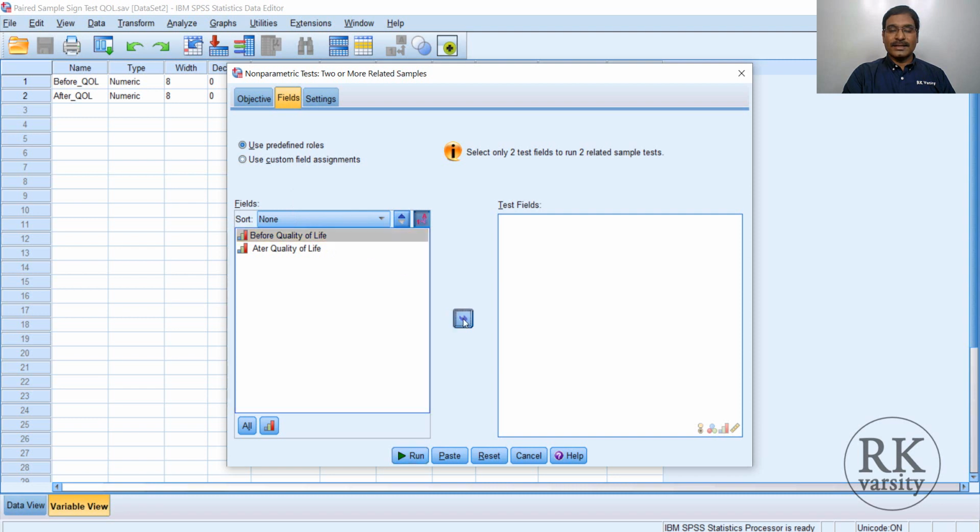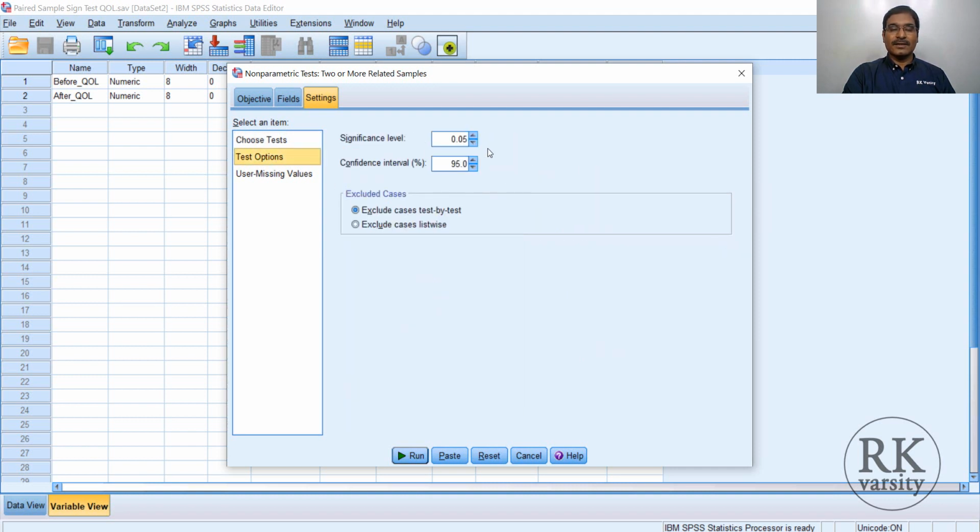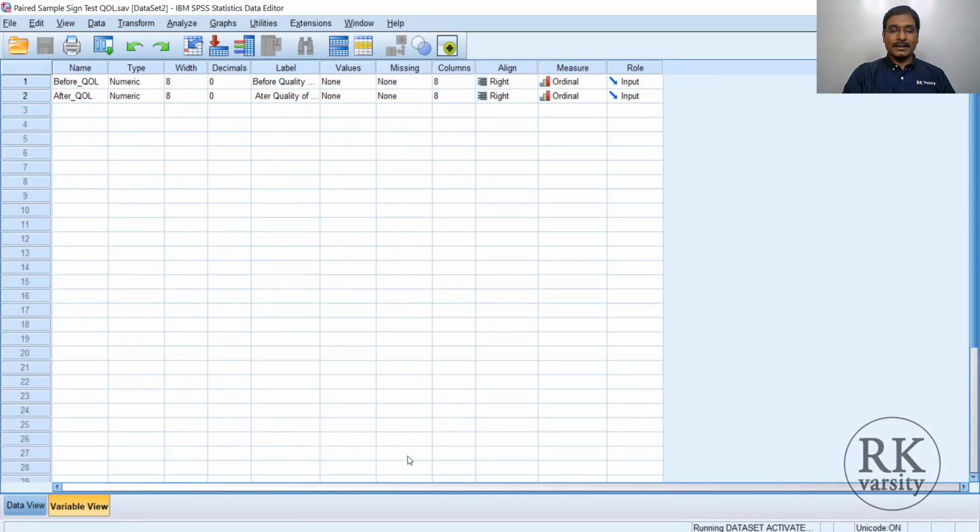Before, send it to test fields, and after, send it to test fields. Then click on Settings. Here choose Customize Tests and Sign Test for 2 samples. Go to Test Options, verify your significance level, and then click Run.